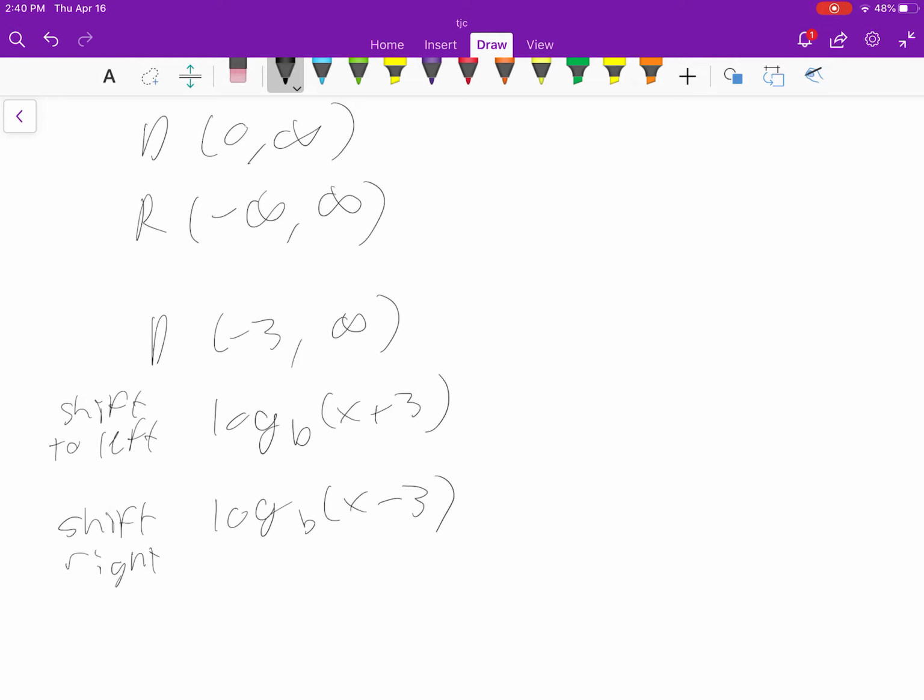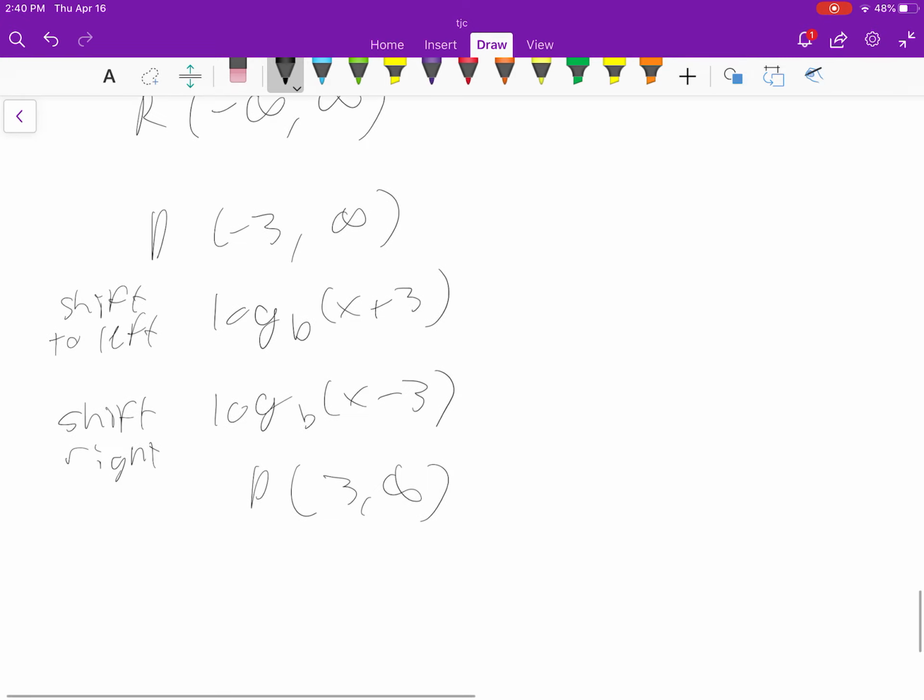That'll be a shift to the right, so the domain is 3 to infinity. I won't look at other shifts. They function the same way. If you want to go up and down, you just add or subtract on the outside. If you want to make it thinner or fatter, you'd multiply by numbers up front, etc.